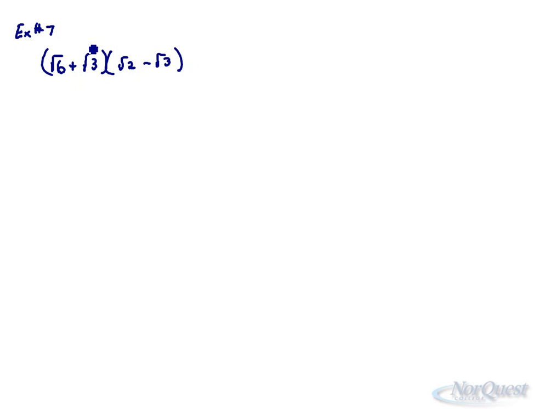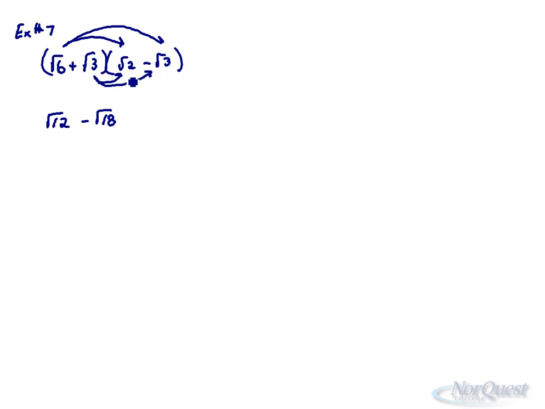So in this case, what you do is you use FOIL. First, outer, inner, last. Just like when we did binomial products in Unit 1, we're going to use the same process for radicals. So root 6 times root 2 gives you root 12. Root 6 times root 3 gives you negative root 18.